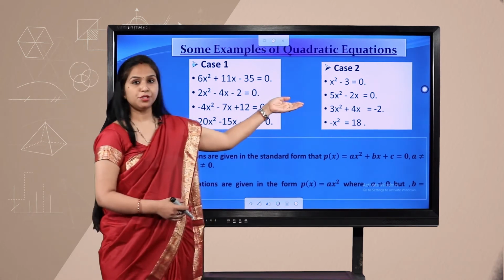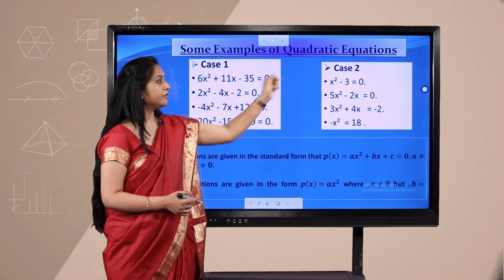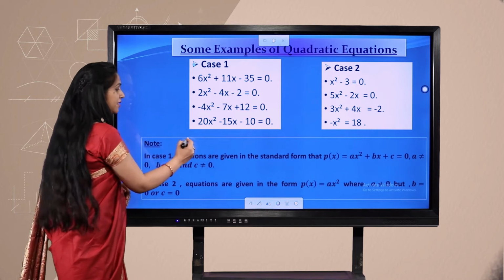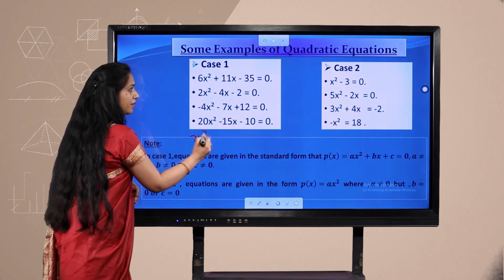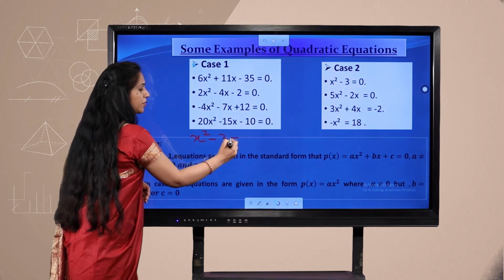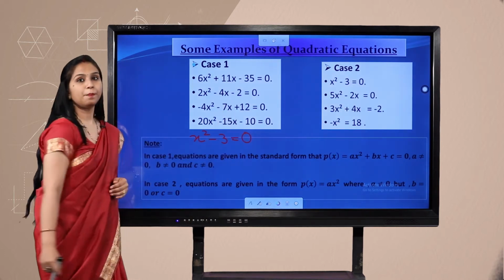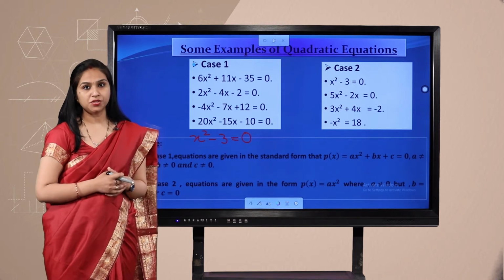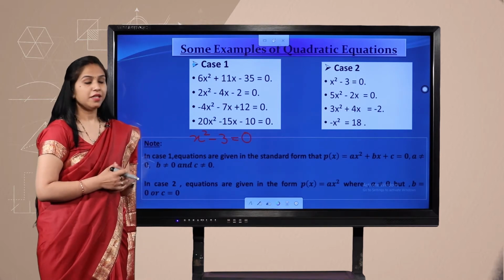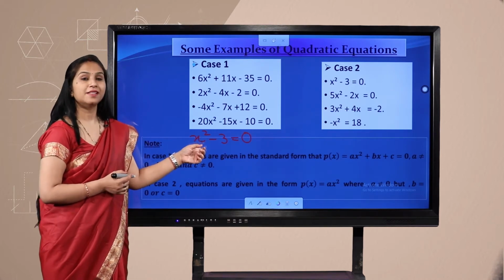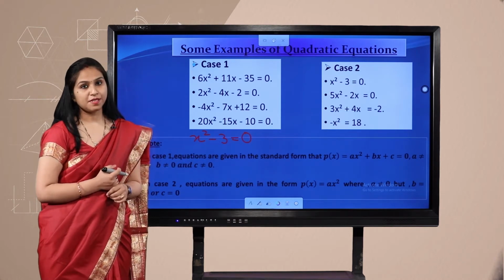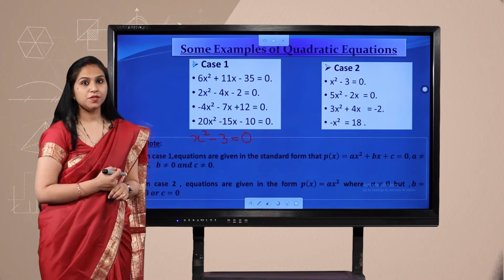But in case number 2, if you see here, the first equation is only x square minus 3 equals to 0. I am writing it here: x square minus 3 is equal to 0. If you compare this equation to the standard form of a quadratic equation, you will see the coefficient of x square, that is a's value, is 1, but there is no term of x, meaning b is equal to 0.